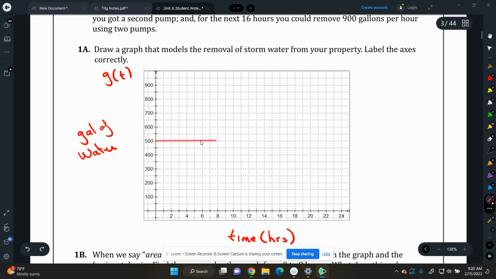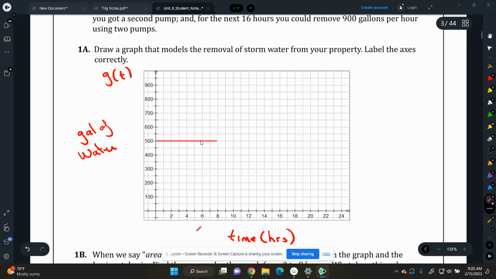But didn't you have to start at the origin, though, because it's not immediately at 500? Because once you hit the 1 hour mark, you're at 500, but before that, you wouldn't be at 500. It does not say that. I know what you're saying.